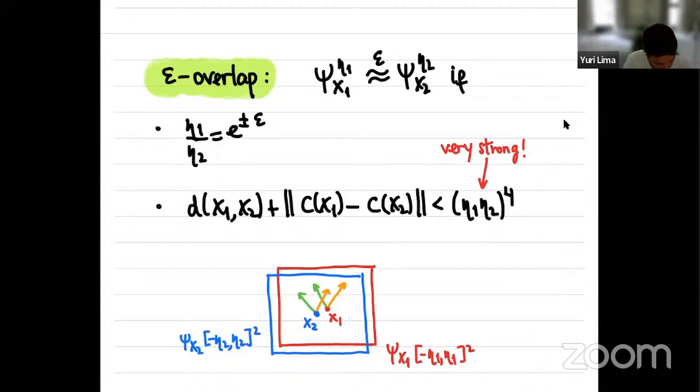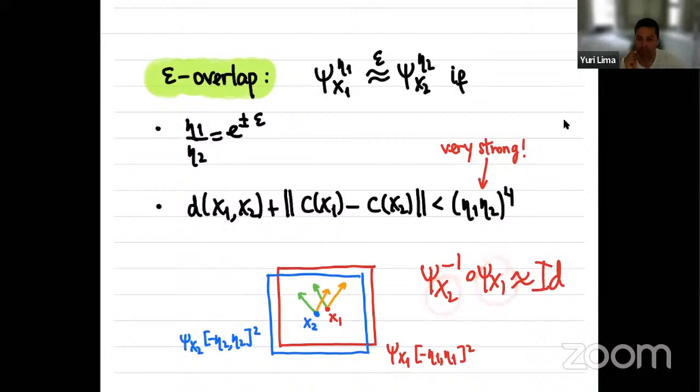So actually, one consequence of this definition is that if you consider the composition of psi x2 inverse with psi x1, this is very close to the identity. Okay? We used this in the uniformly hyperbolic situation, but in that situation, this was guaranteed only by requiring x2 being close to x1.